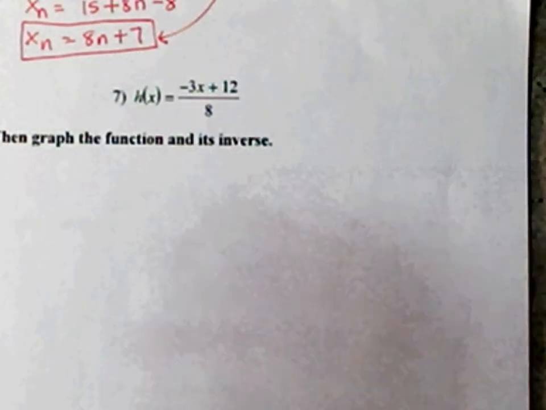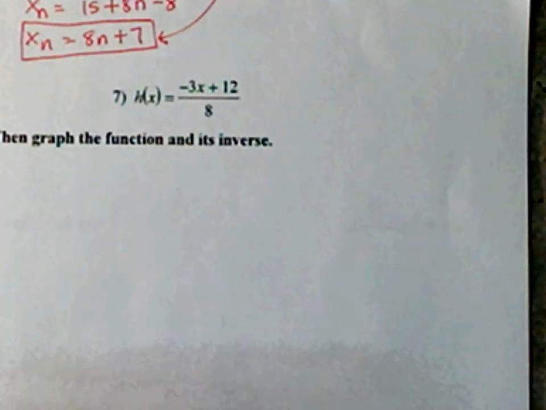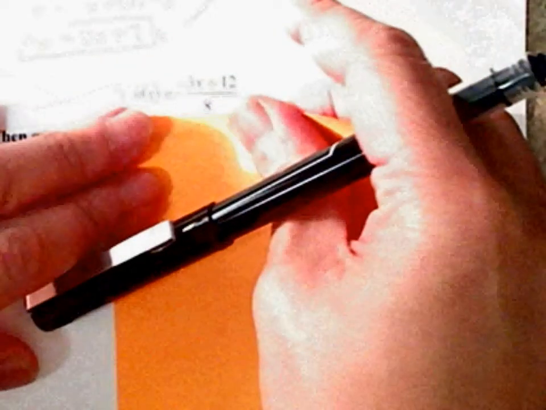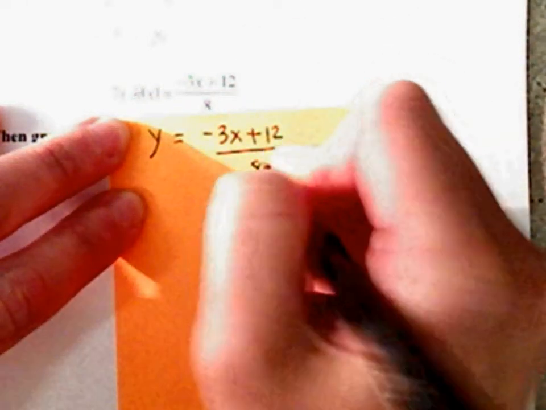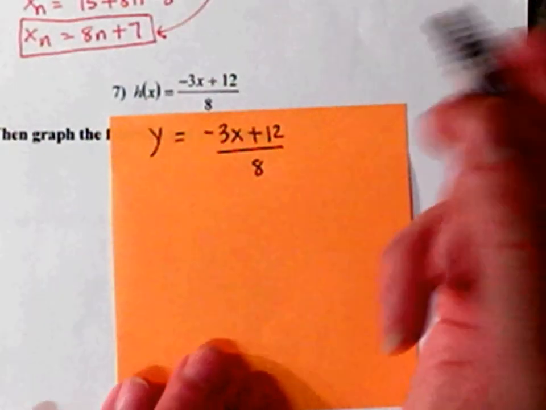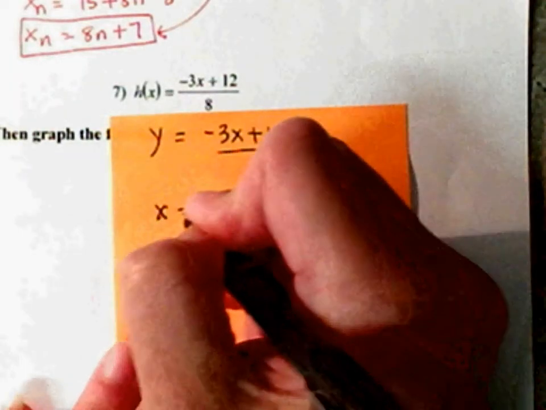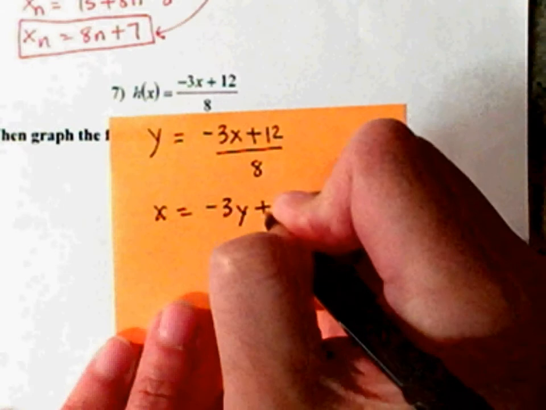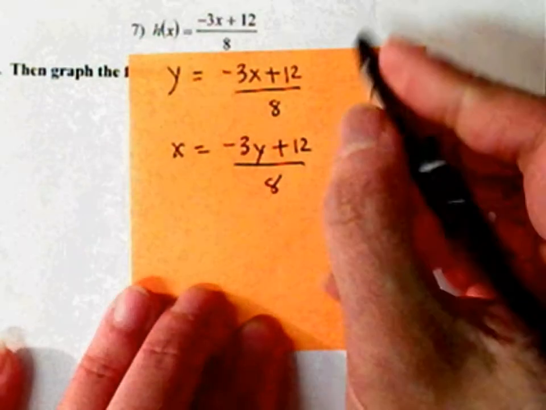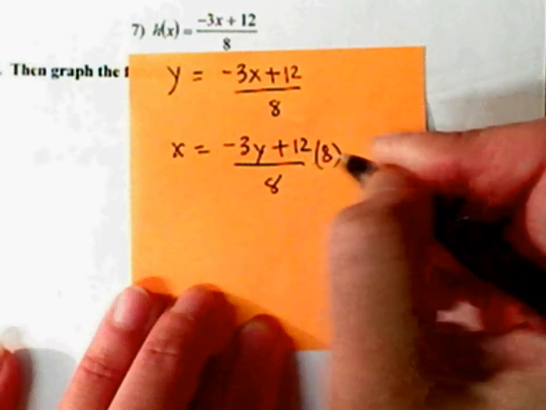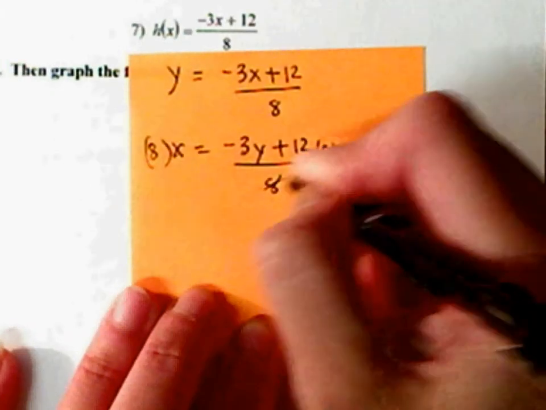Number 7. Rewrite this as a y, so you have y equals negative 3x plus 12 divided by 8. Okay. Switch your x and your y, x equals negative 3y plus 12 divided by 8. Solve for y, times 8 times 8. That cancels.